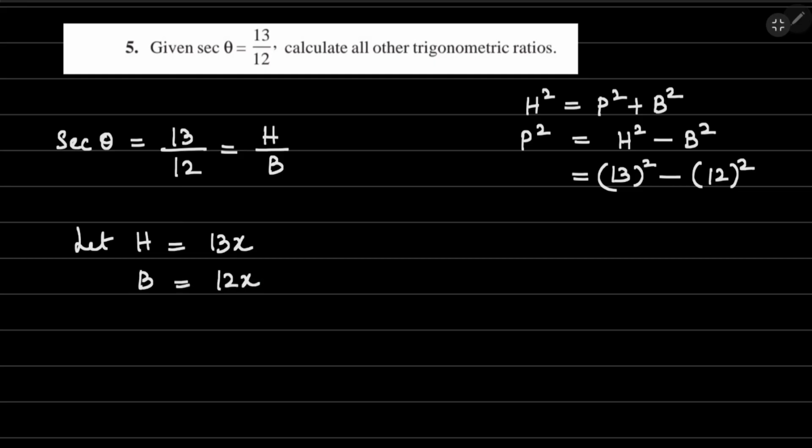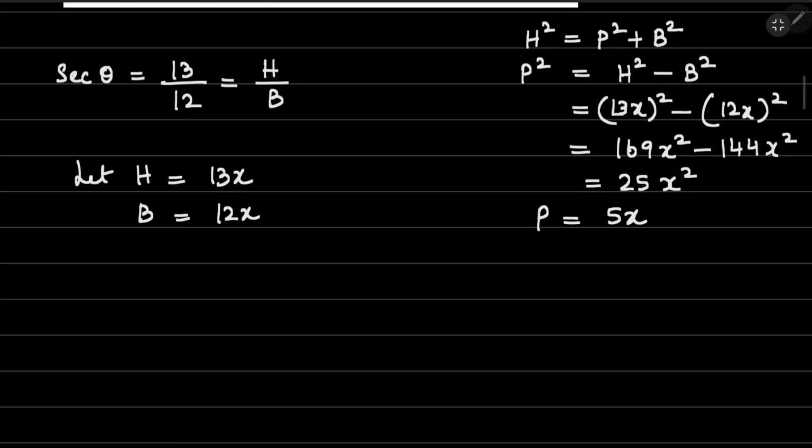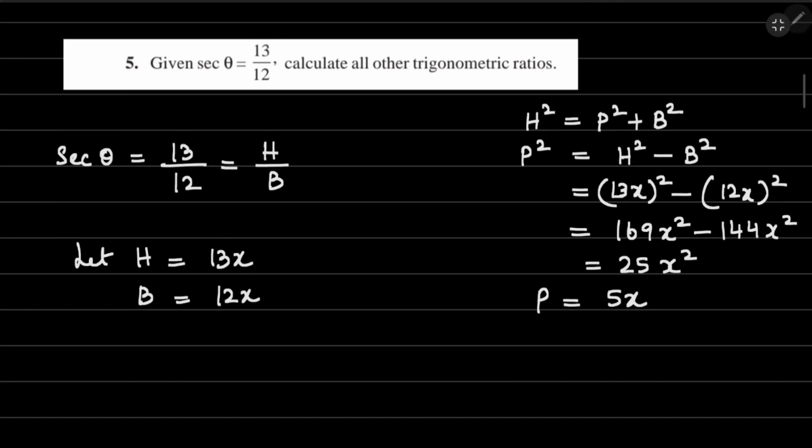So p square is 13x the whole square minus 12x the whole square. This is 169x square minus 144x square, so this will be 25x square. So p is equal to root of 25, so it's 5x; the negative value you will ignore. So now you know p, b and h.